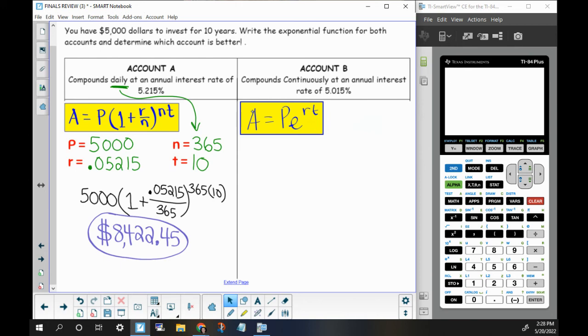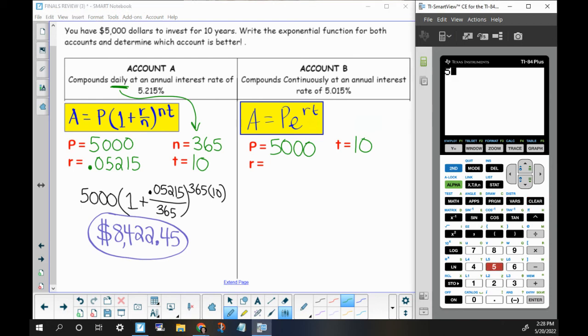So, what's our P? Guys, watch how easy this is. What's our P? 5,000. What's our R? 5.015.